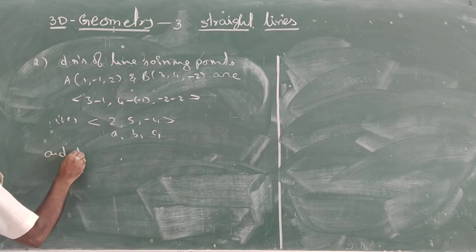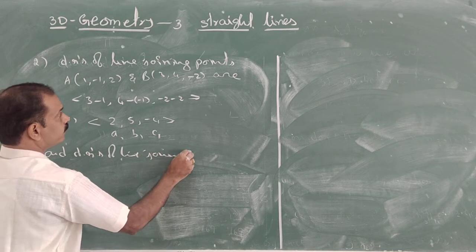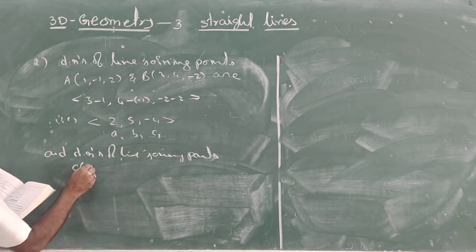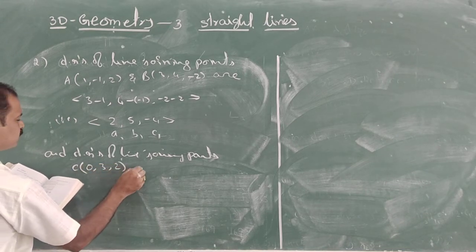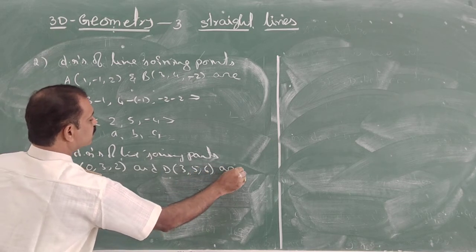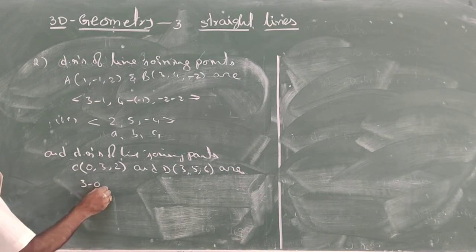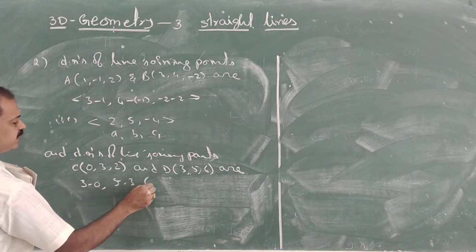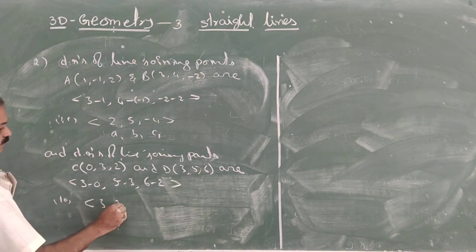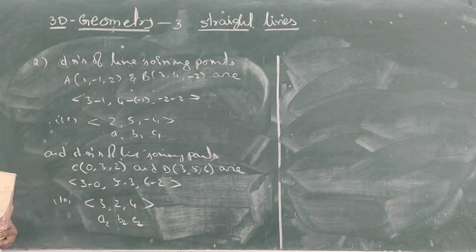And the direction ratios of the line joining points C (0, 3, 2) and D (3, 5, 6) are 3 minus 0, 5 minus 3, 6 minus 2. That is 3, 2, 4. You can name it as a2, b2, c2.